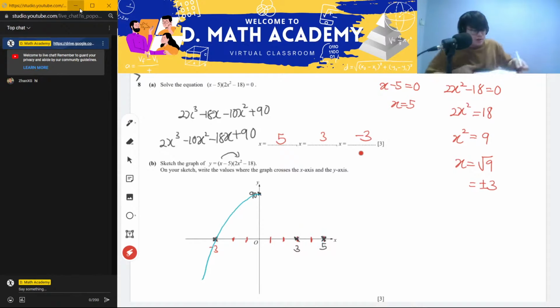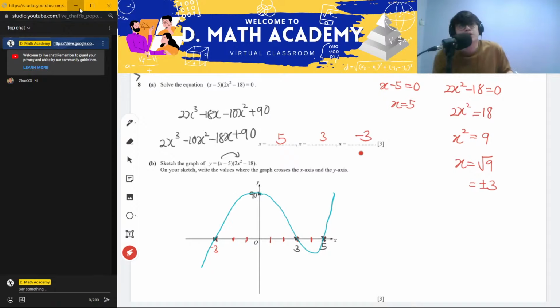Still super ugly. Hold on. Then your graph should look something like this. Make sure everything is to scale, because you label all the points and stuff there.